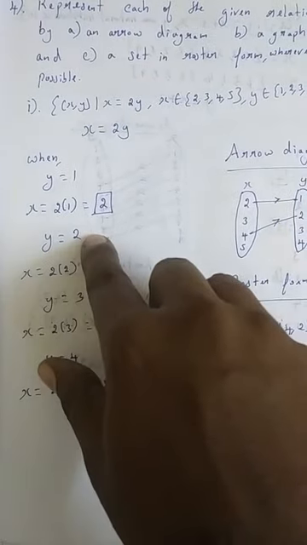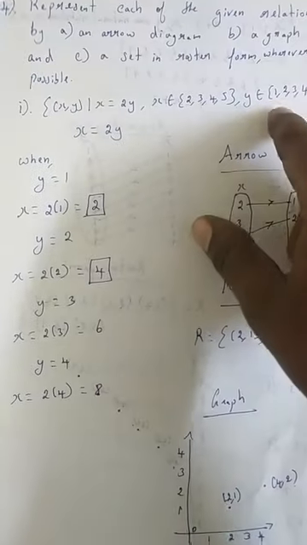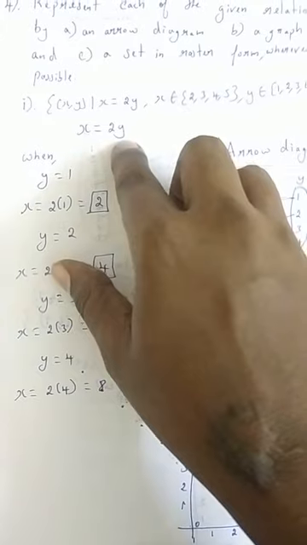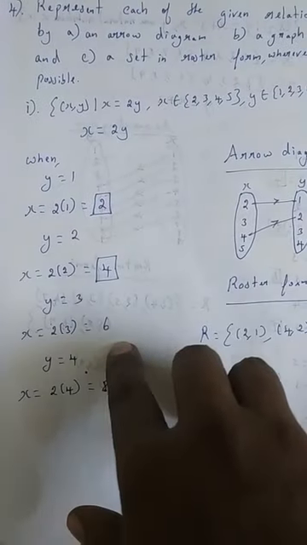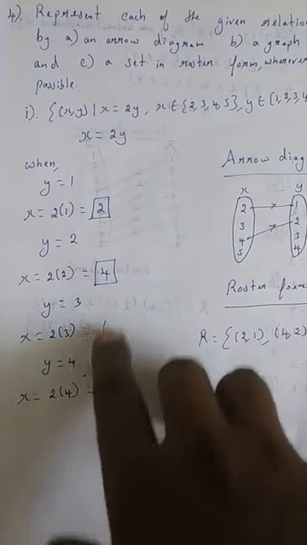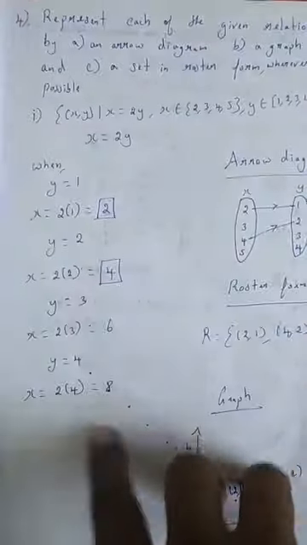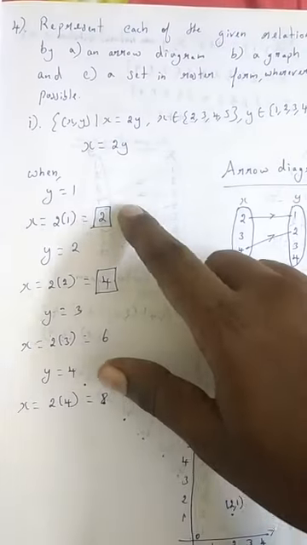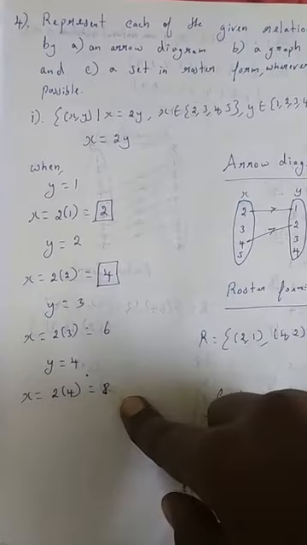So x is equal to 4. Next, when y is equal to 3, 2 threes are 6. So x is 6. Next, when y is equal to 4, 2 fours are 8. X is 8. Right?